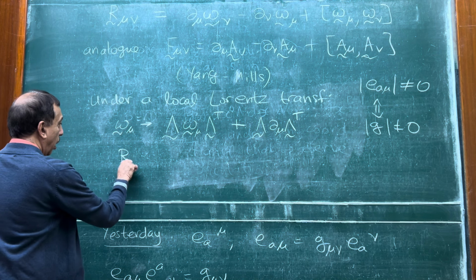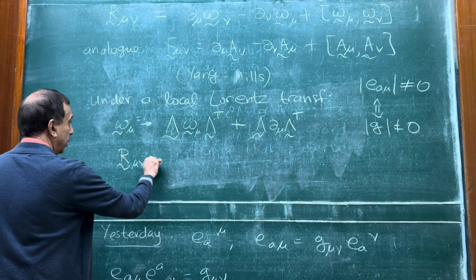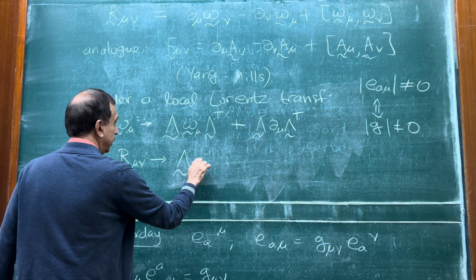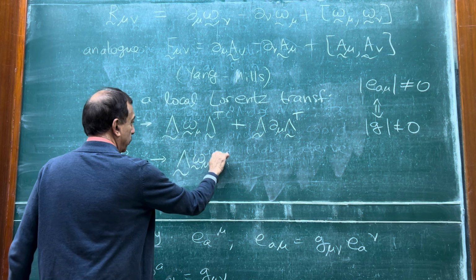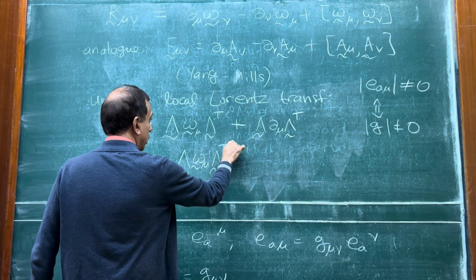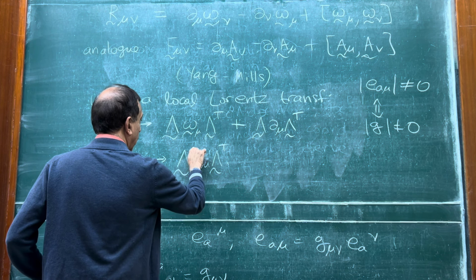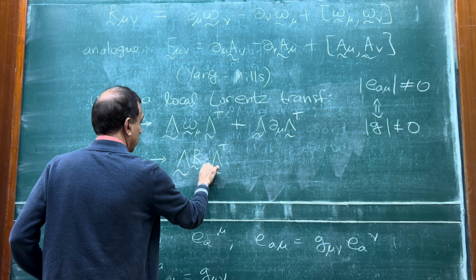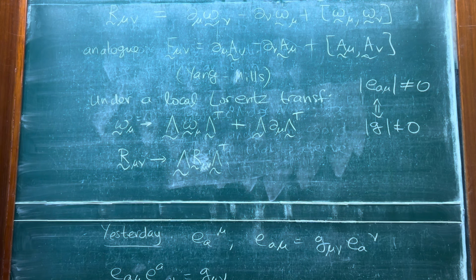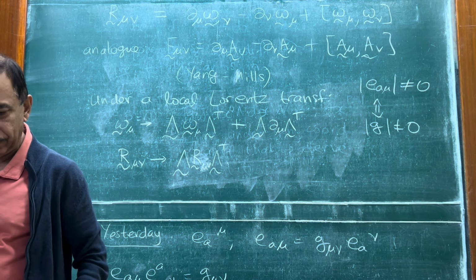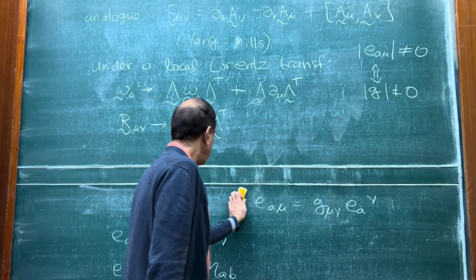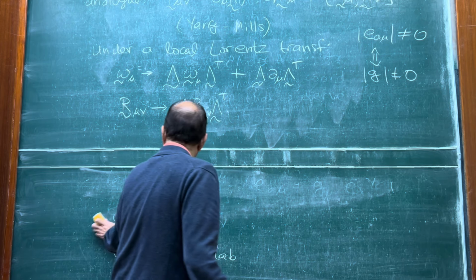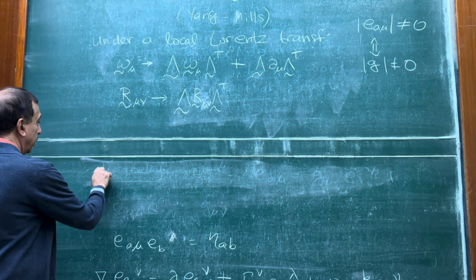On the other hand, R is like the field strength, and it's supposed to be a good tensor under the gauge group in the adjoint representation of the gauge group, and so R simply transforms homogeneously. These are all exercises you can do. And finally, there's the Bianchi identity.